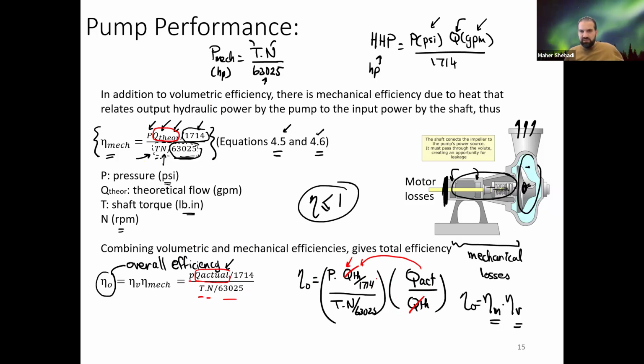And that's what makes the jump from mechanical efficiency into overall efficiency. Is that clear? So if you see me mix those flow rates, just let me know. Tell me, hey, you're not supposed to do that. It has to be Q actual for the overall efficiency.